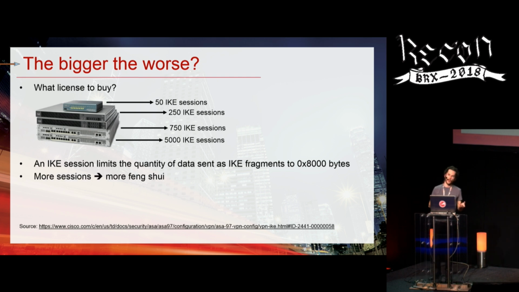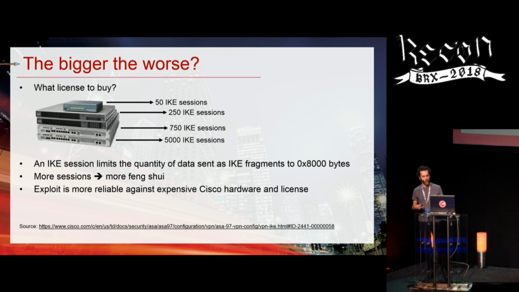From an exploitation point of view, you need more sessions if you want to do more feng shui, to manipulate the heap and allocate more stuff on the server side. So the more sessions you have, the more feng shui you can do. In the end, you have a more reliable exploit because you have more sessions to spray the memory and get the layout you want.